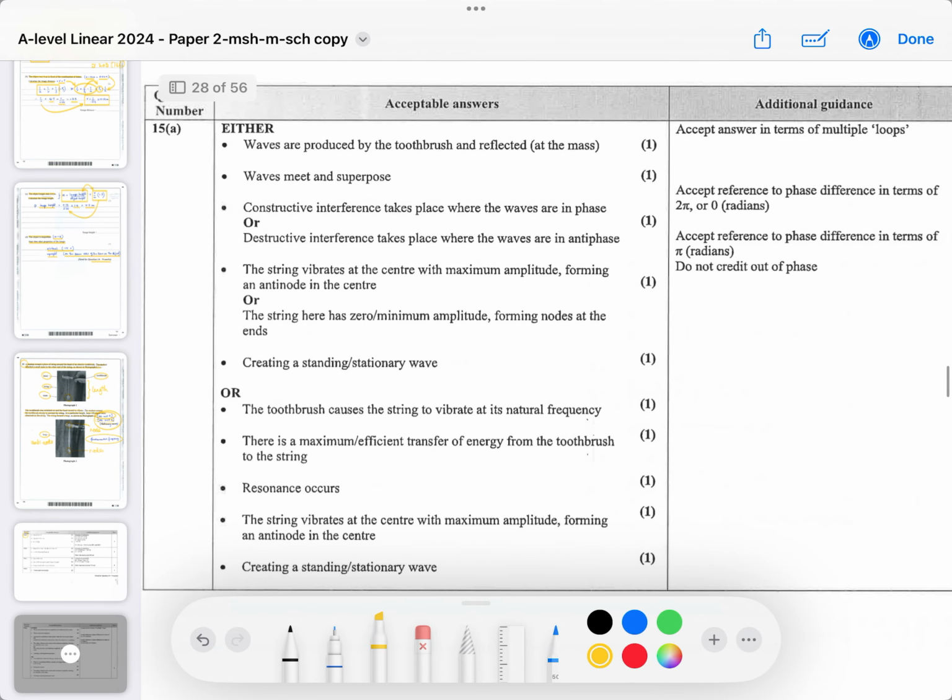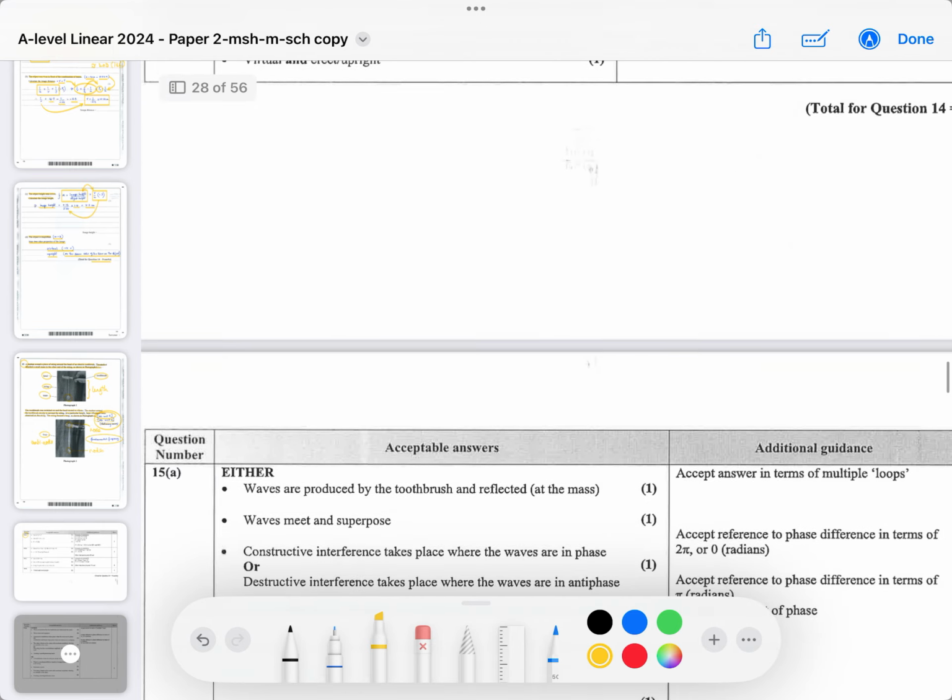And here's question 15. So we haven't actually got to a question yet.